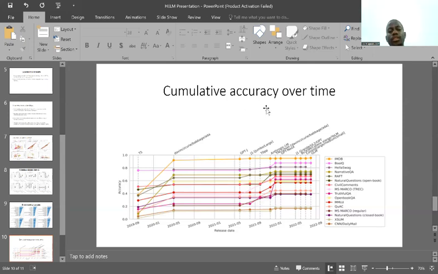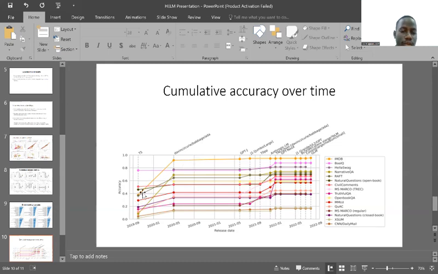So we have accuracy, cumulative accuracy over time. Here we are comparing the accuracy of different models over time of their release up to date.